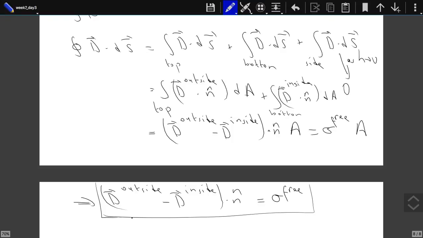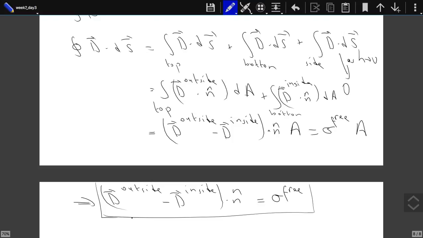So although the component of the electric field parallel to our surface is continuous, the component of the displacement field in the direction of n, that is perpendicular to the surface, is not continuous. And it is not continuous if we have some free charges on this interface.